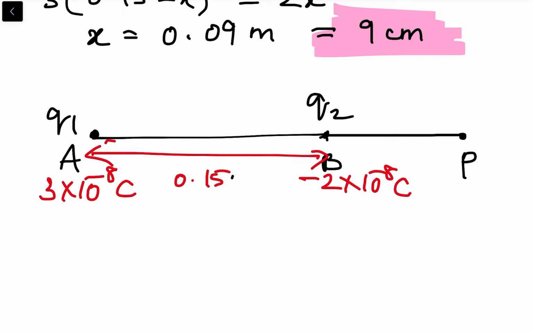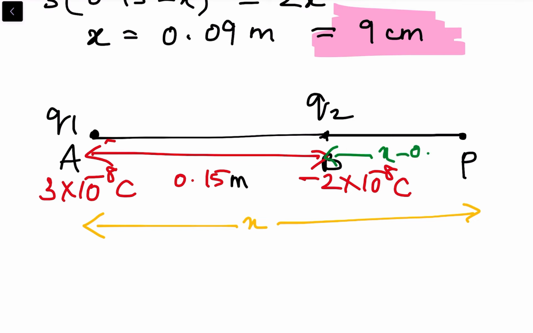Let us assume this point P is at a distance of x from A, then A to B is 0.15 meters. Therefore, from B it is at a distance of x minus 0.15. From A it is at a distance of x, A to B is 0.15 meters, therefore from B to P it is x minus 0.15.